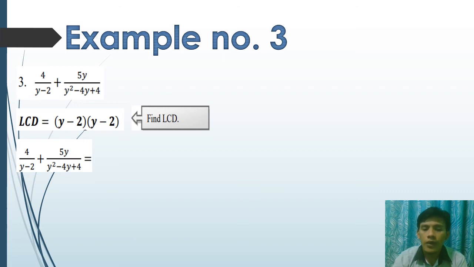4 over y minus 2 plus 5y over y squared minus 4y plus 4. The LCD, the quantity y minus 2 quantity y minus 2, will be divided by all the denominators.